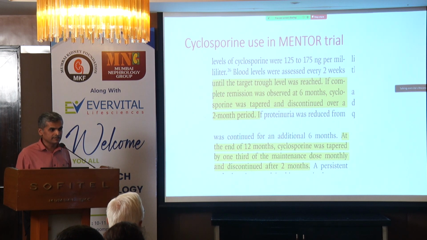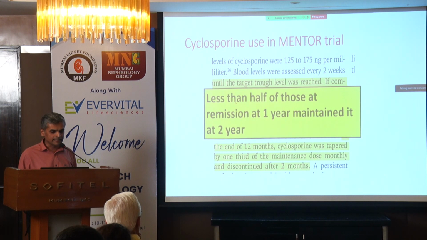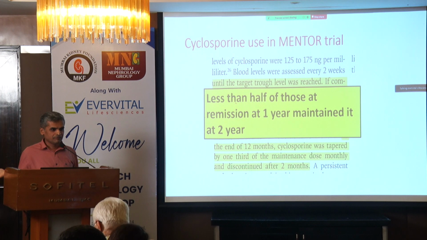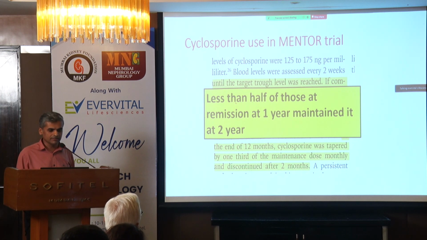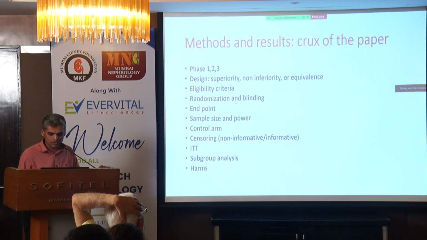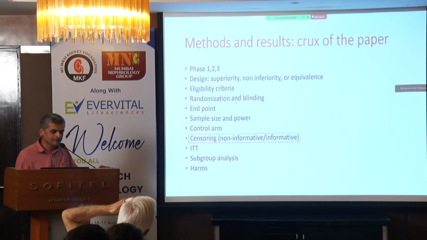Again, many of us may not want to do this, and may go slower for stopping. And there was no surprise that less than half of those in remission at 1 year with cyclosporine maintained it at 2 years. Most of the patients came back with proteinuria after cyclosporine withdrawal. So this control arm probably did not receive the best of the treatment.